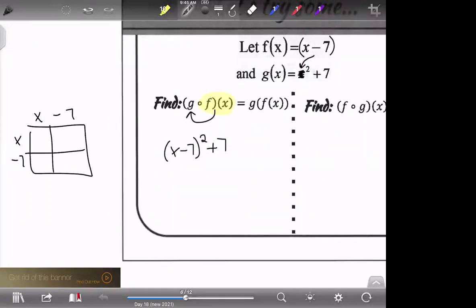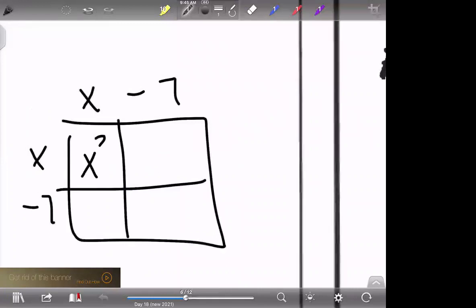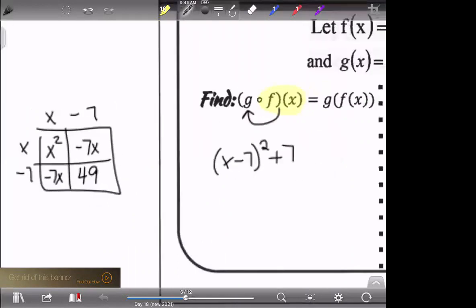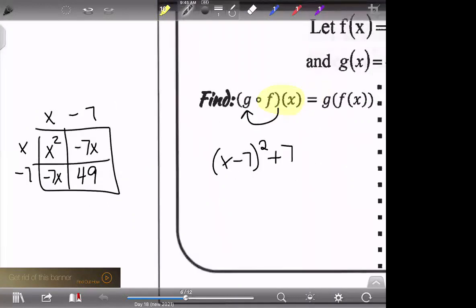So off to the side, I'm going to box x minus 7 times x minus 7. Well, x times x is x squared. Negative 7 times x is negative 7x. Negative 7 times x is negative 7x. And negative 7 times negative 7 is positive 49. When I combine like terms, that's going to give me x squared minus 14x plus 49.